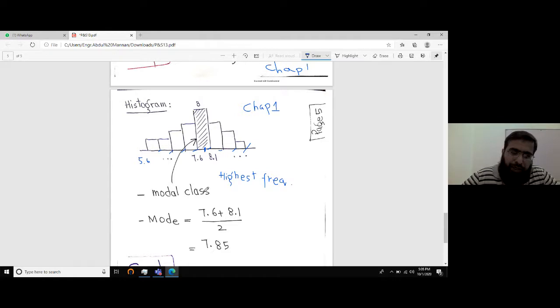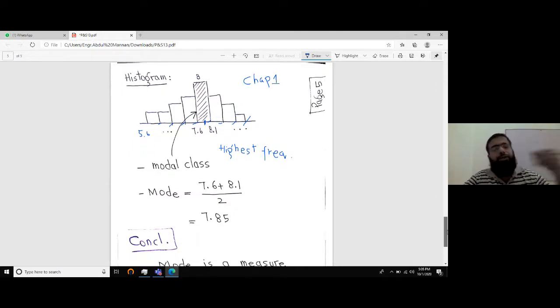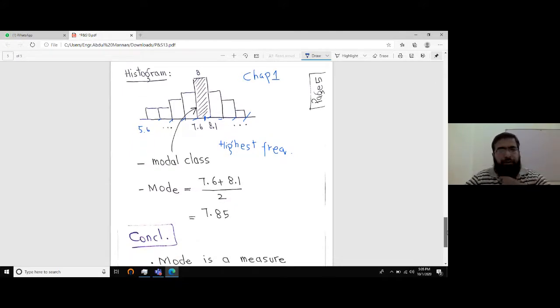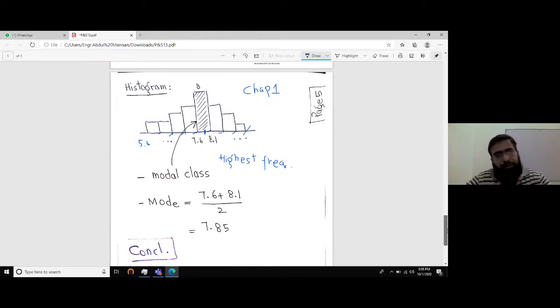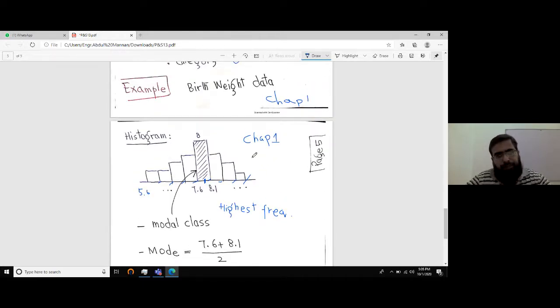So the middle value of the bin with the highest frequency, or the bin that has the maximum height, would be the mode. So 7.6 plus 8.1 divided by 2 is 7.85. So mode is 7.85 for the birth weight data. And for the same birth weight data, you can calculate mean and median.